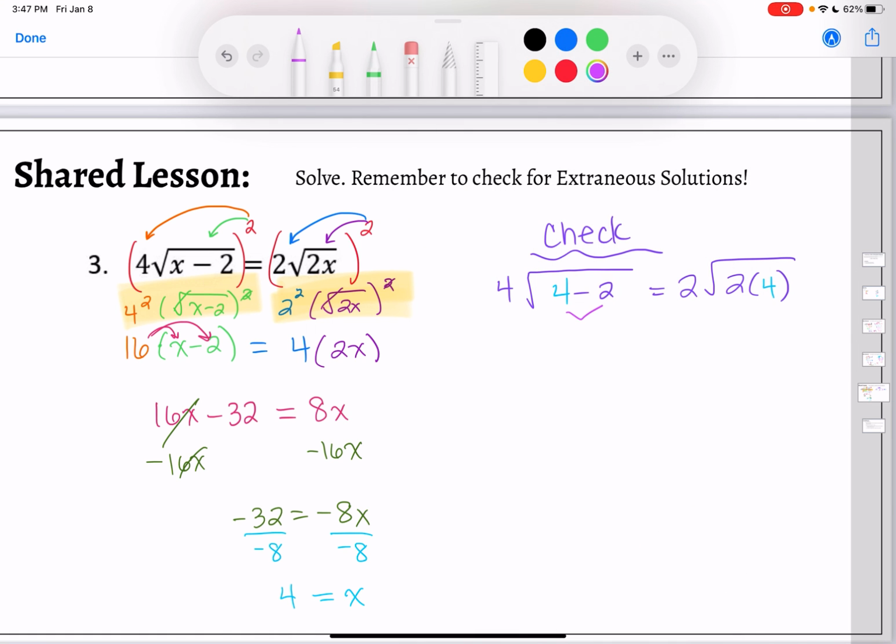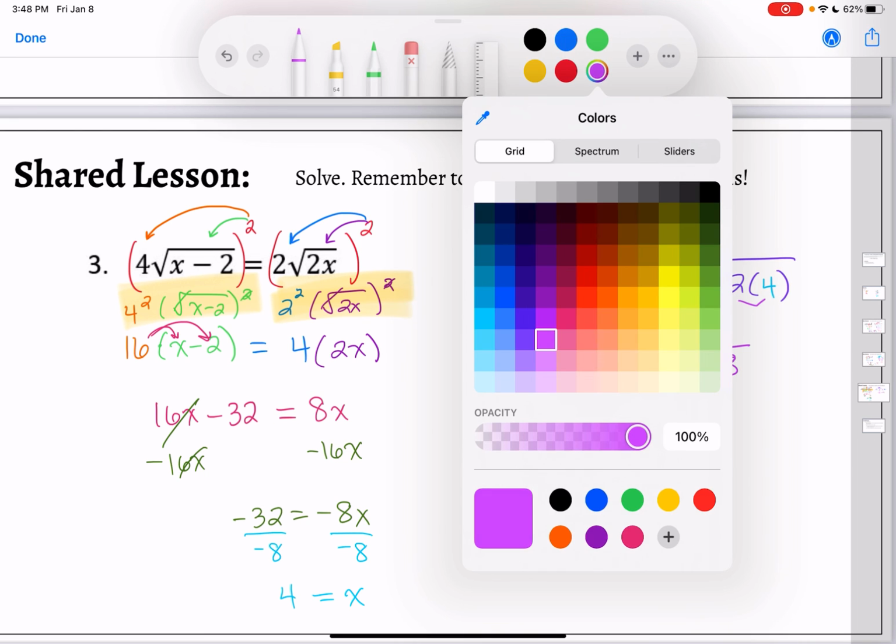Okay, order of operations here, so I'll have 4 radical 2 on the left, and I will have 2 radical 8 on the right. Oh, now be careful.